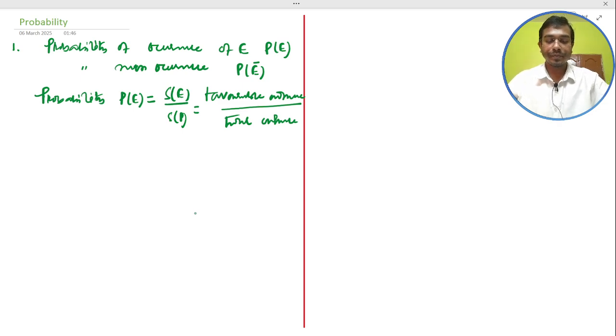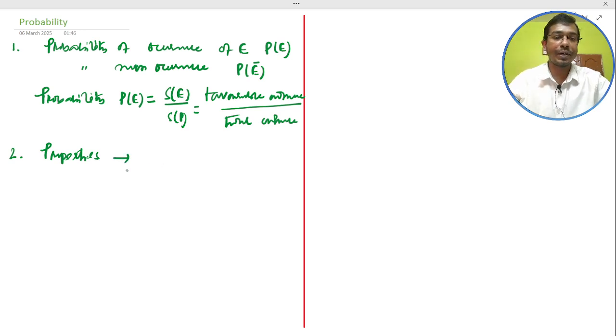Next, elementary properties of probability. Number 2, properties. Property 1: the range, 0 less than or equal to P of E less than or equal to 1.